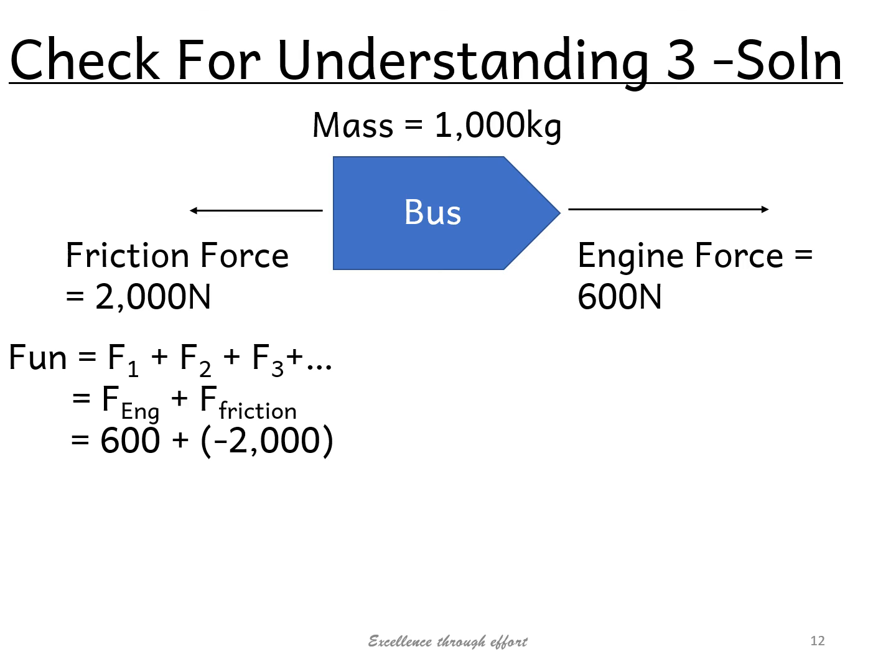And the trick here is to remember the negative for our friction. And then we find that the unbalanced force is a negative number. Now, if we pause here and check if this actually makes sense, well, in the question, the bus is slowing down. So if it's slowing down, we would really expect a negative unbalanced force. So that means we're on the right track.